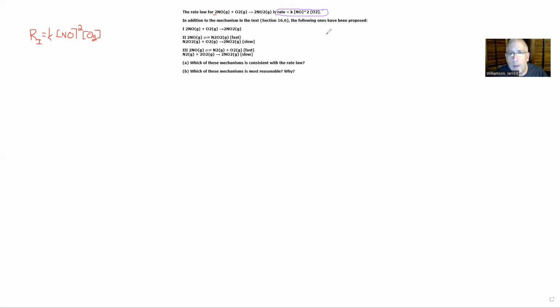So we're going to write the rate from mechanism number 2 is going to be equal to the rate constant from step 2, right? This is step 1, step 2, times the concentration of N2O2 times the concentration of O2.